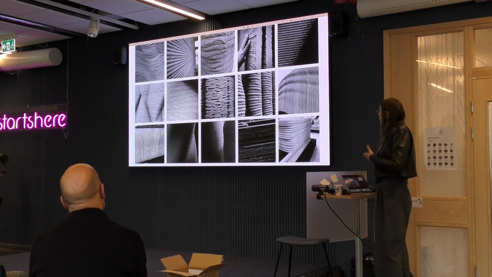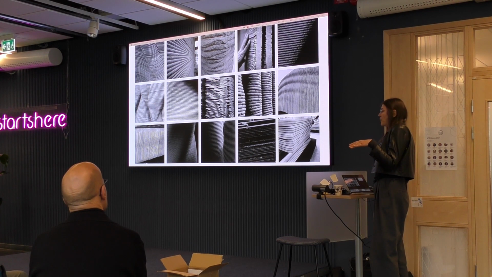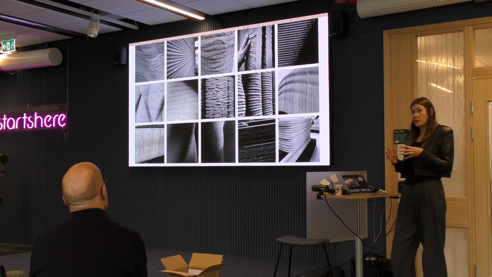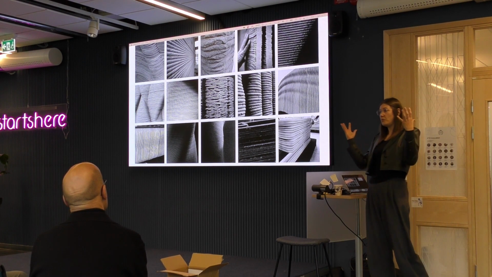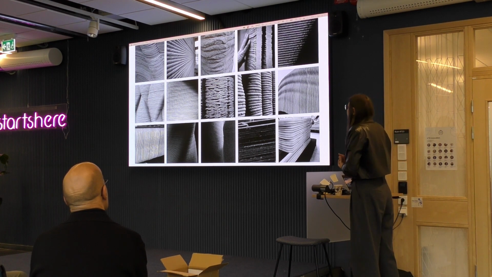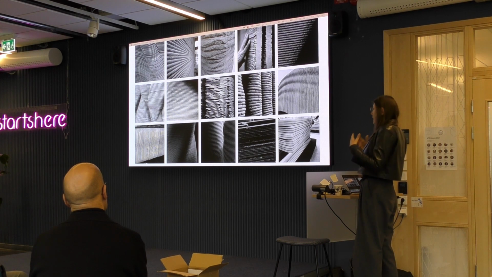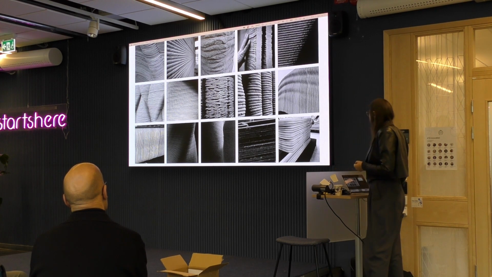As a result, you get these very linear layers because this technology was initially developed as a desktop technology. So when you scale this up to building production, these layers become an inevitable part of the tactile qualities of the printed surface.